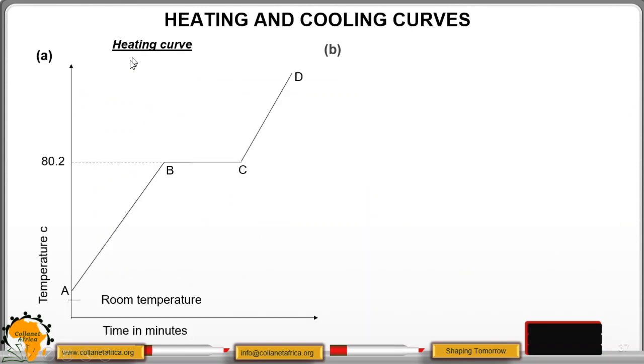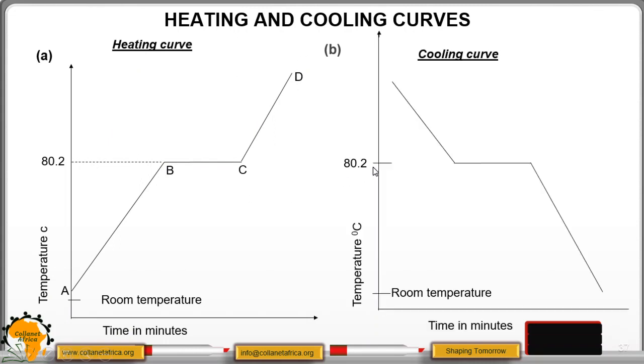We have heating from room temperature. You heat up to this point, which is the melting point, then it goes to the boiling temperature. Then we have the cooling curve. It is cooling from any temperature above there, then it solidifies here and then moves down to cool to room temperature.